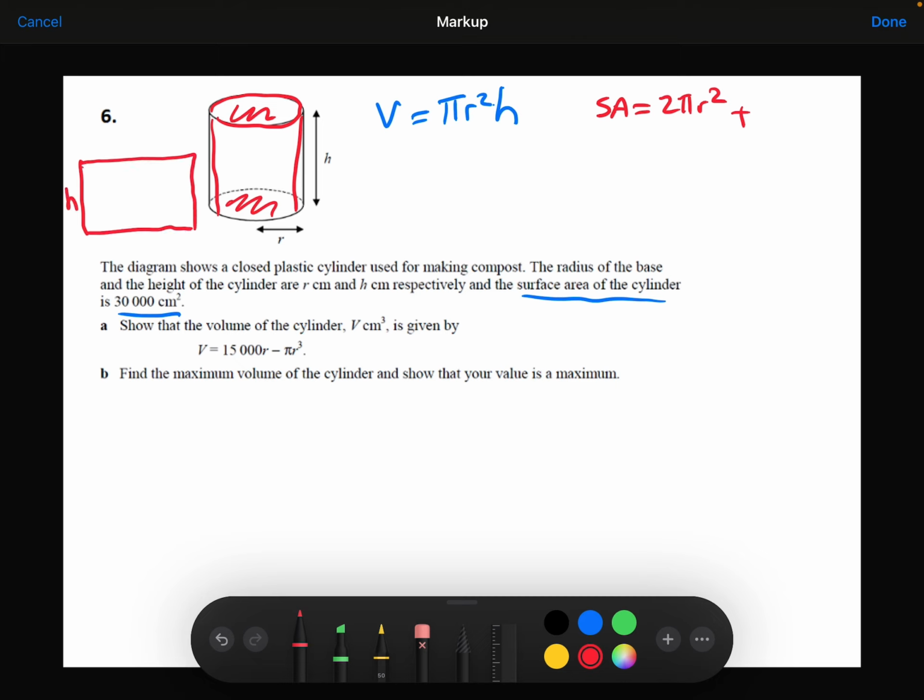The height of that rectangle is h, and the width of that rectangle is the circumference of the circle. So therefore its area is 2 pi r h. And we were told that the surface area was 30,000.